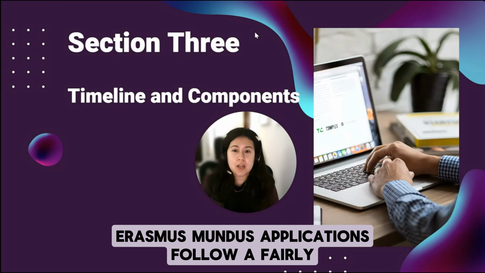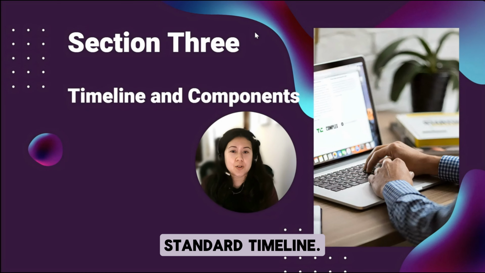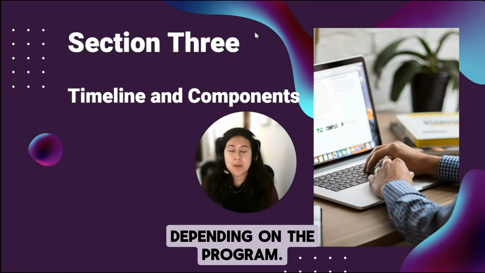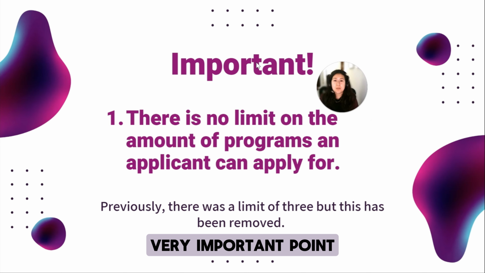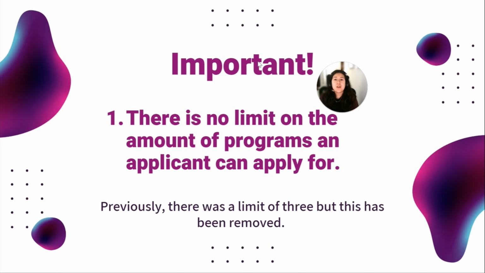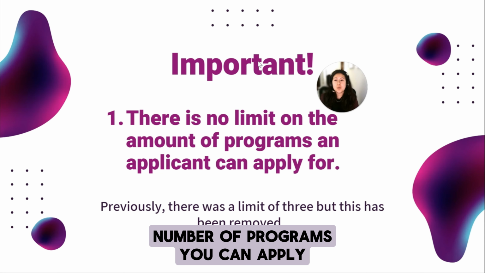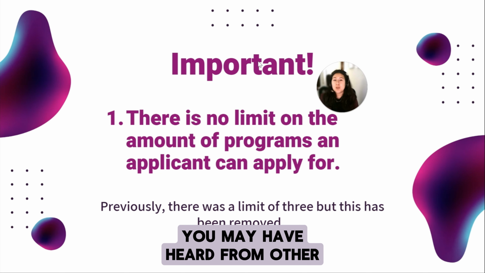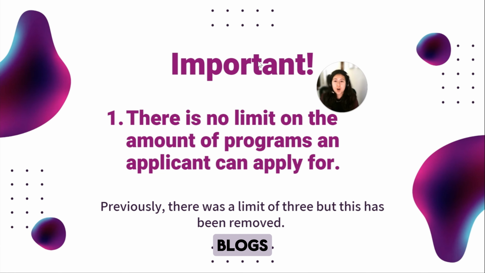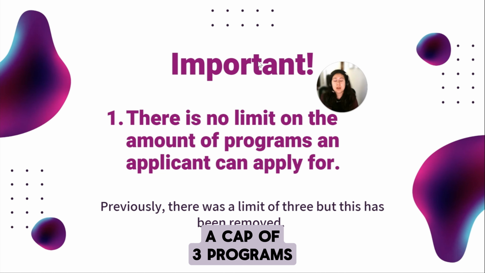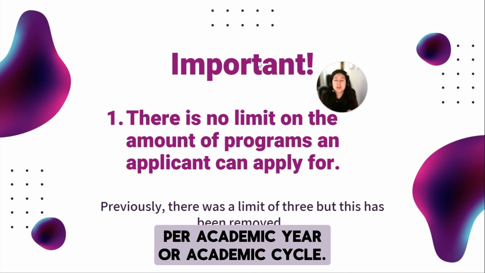Erasmus Mundus applications follow a fairly standard timeline, but there are some key variations depending on the program. Very important point: there is no limit on the number of programs you can apply to. You may have heard from other blogs or videos or articles that there's a cap of 3 programs per academic year or academic cycle.